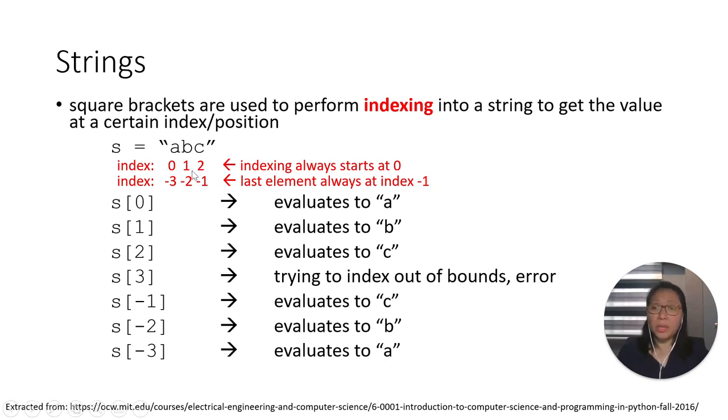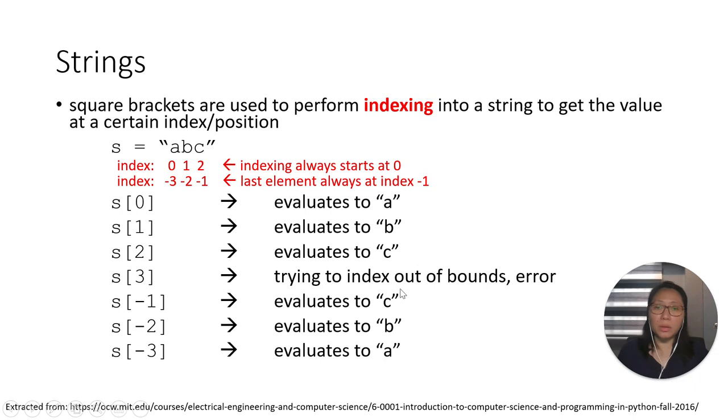Given this example, s with 0 inside square brackets evaluates to A. So s index 0 is A, s index 1 is B, and s index 2 is C. S index 3: there is no more index 3 because we just have indices 0 to 2.